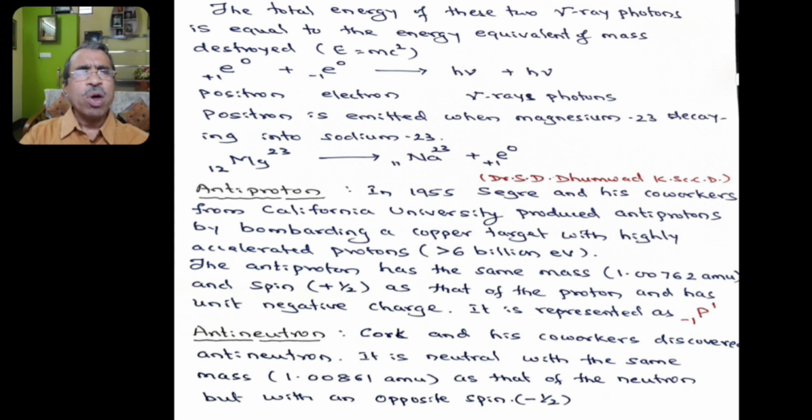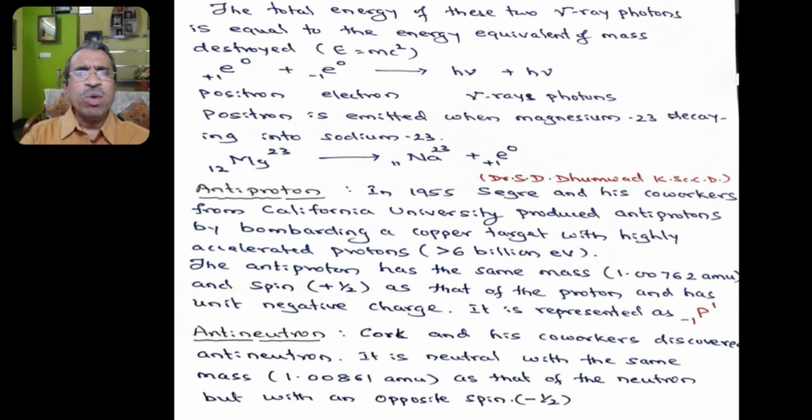The antiproton has the same mass, that is 1.00762 AMU, and spin plus half as that of the proton, and has unit negative charge. It is represented as P with charge minus 1 and mass 1.